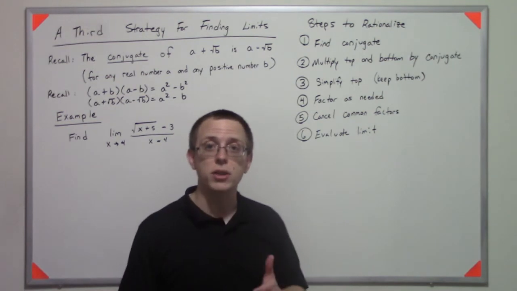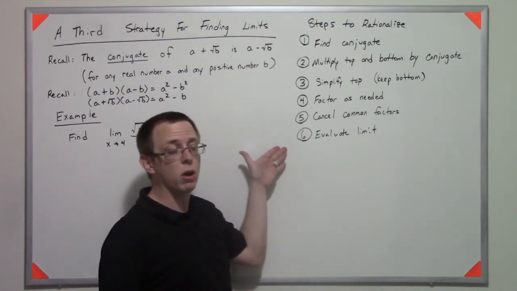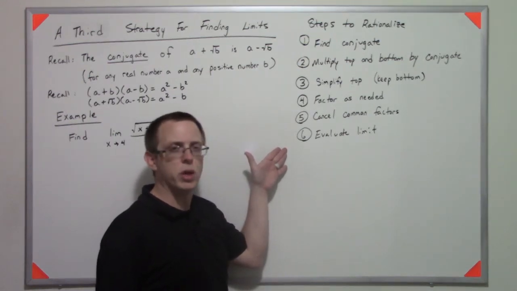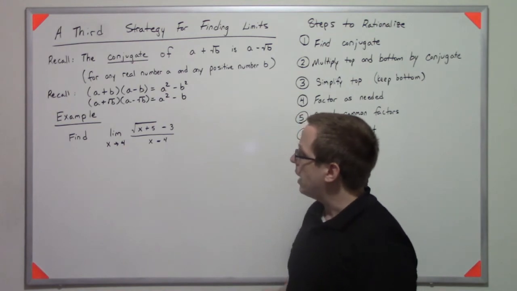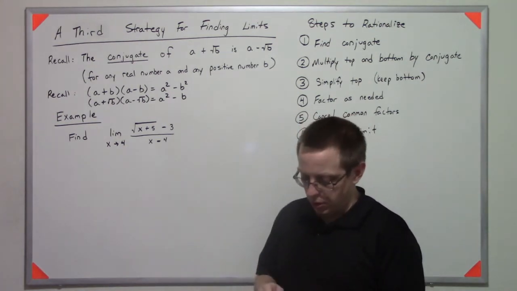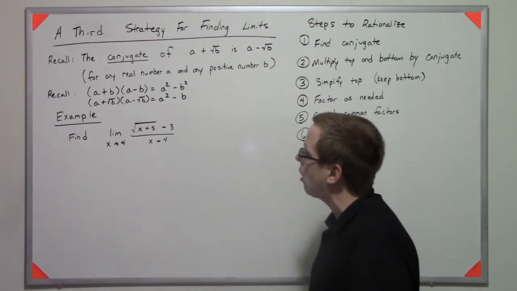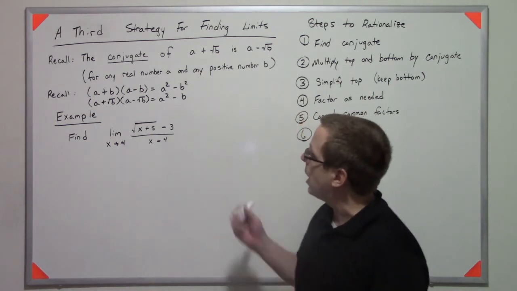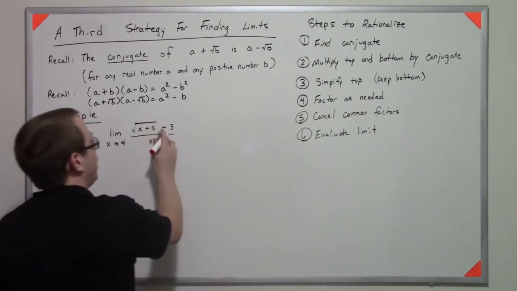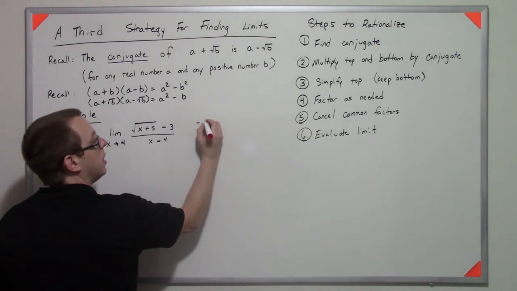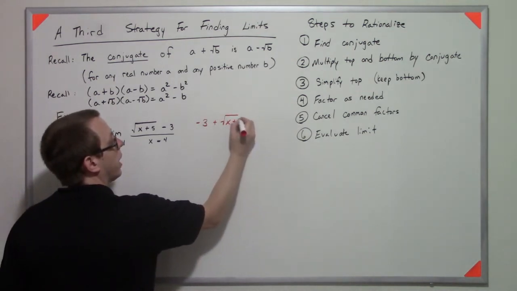If we're going to use the rationalization technique, there's a 6-step approach. Again, it's not guaranteed to work, but for what we're doing, it probably will work most of the time. So we're going to follow these steps. The first thing is to find the conjugate. In this particular case, my number is negative 3 plus the square root of x plus 5.